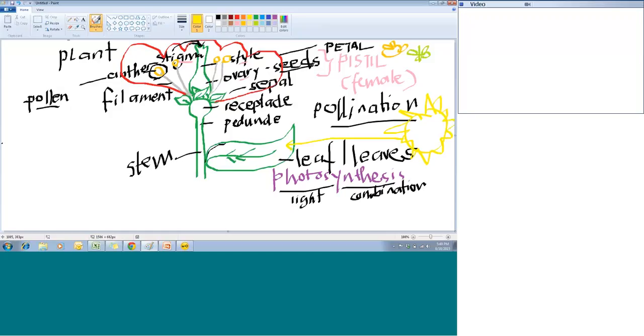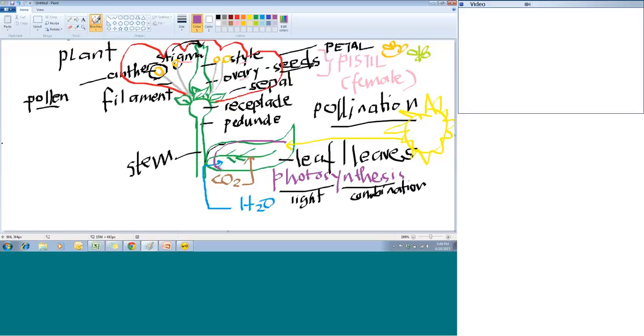It is absorbed by the leaf, along with other nutrients in the environment we call carbon dioxide, or CO2, and water from the soil, which goes up to the leaf and gets absorbed. Carbon dioxide from the air gets absorbed by the leaf.